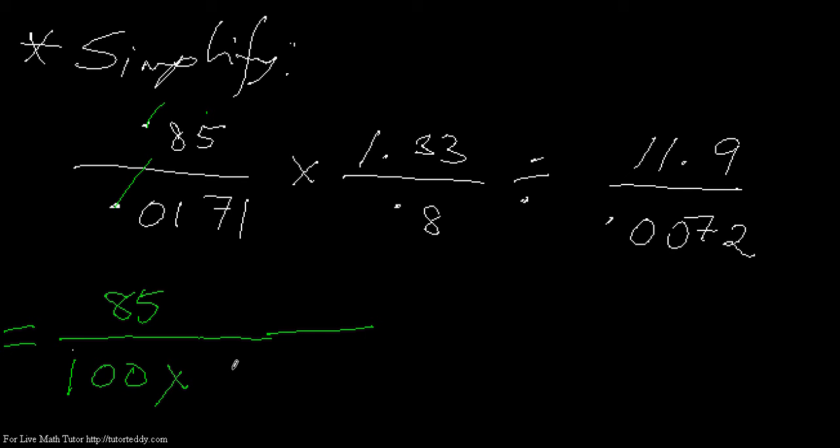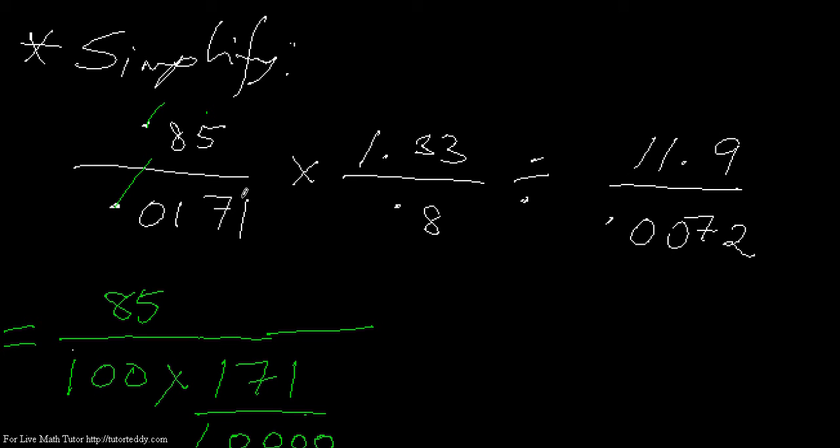What I mean is, suppose I remove this decimal point, what am I left with? 0171. That means 171. But similarly, we have to divide it by 1 with 4 zeros. Why 4 zeros?